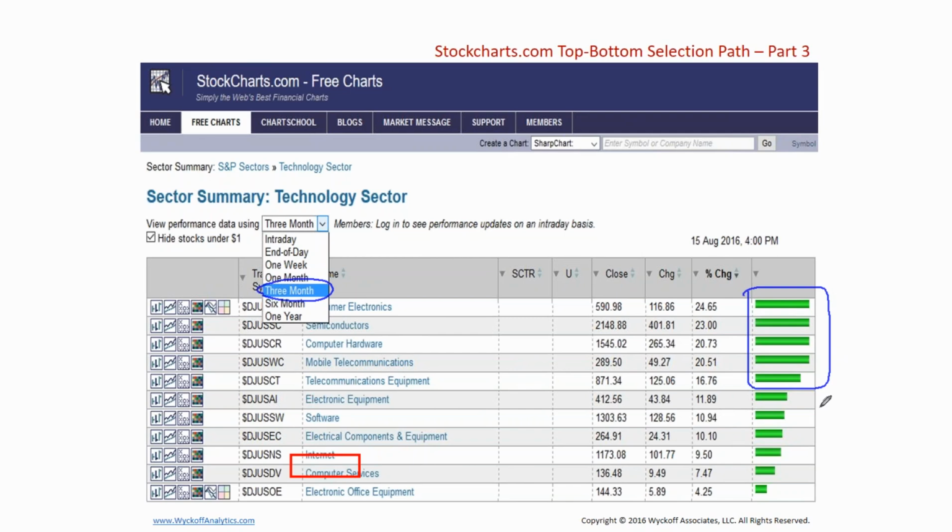Now imagine that we are doing this analysis, and obviously August 15th maybe was not the greatest place to conduct this analysis, but imagine that we are doing this analysis during some kind of reaction. And the reactions could be different, right? We saw that some of the reactions are going to be appropriate for more long-term swing trader, and some of the reactions are going to be more appropriate for shorter-term swing trader.